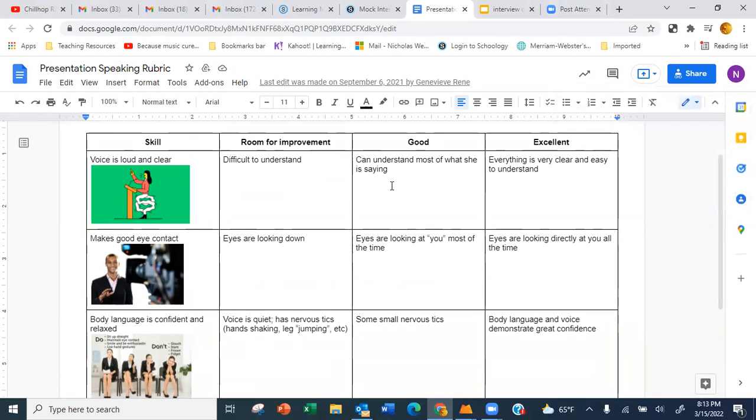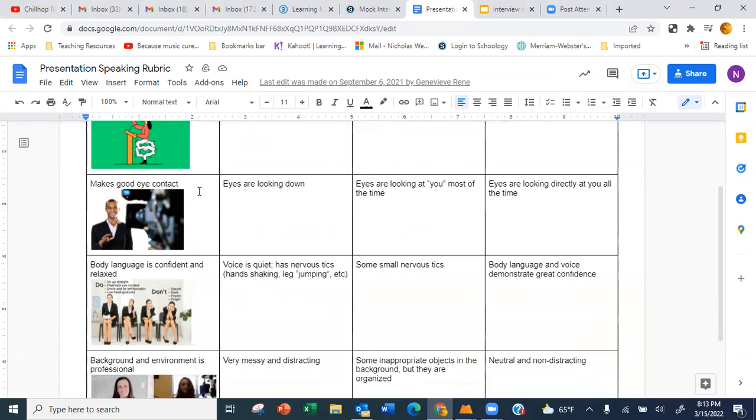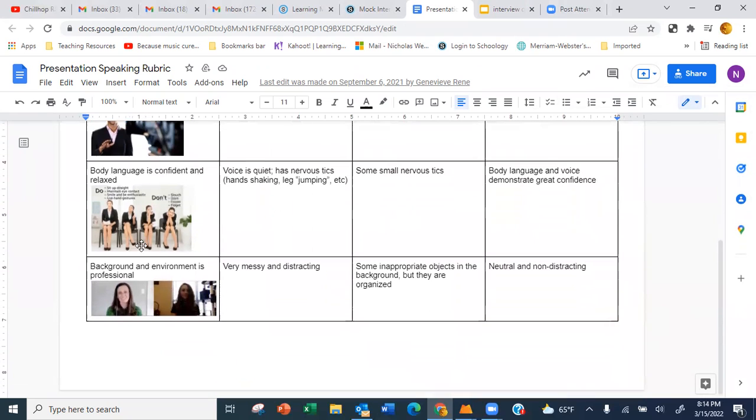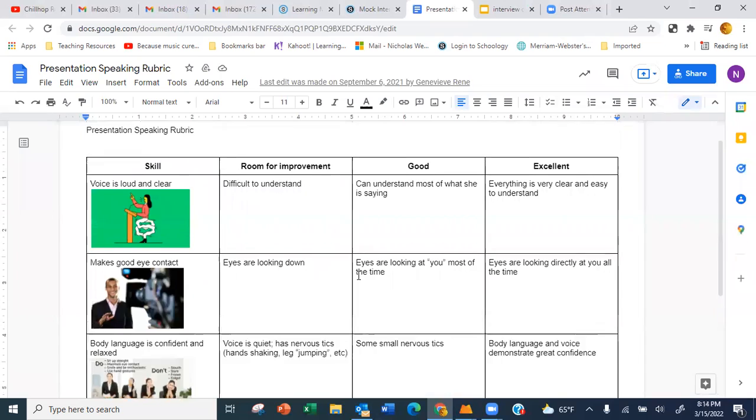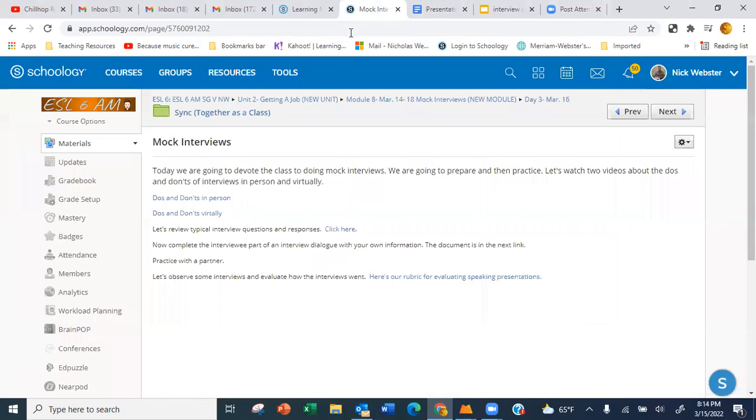So we will decide if the person's voice was loud and clear, did they need to improve, were they good, or were they excellent? Same thing for eye contact, body language, and background. So we'll do this for each person to kind of evaluate how well they did with their answers.